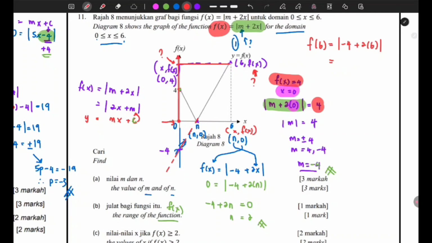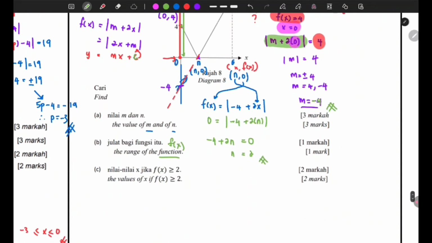So negative 4 plus 12, you get 8. Modulus 8 is just 8. That means this value here is 8. So the range of the fx is from 0 all the way to 8. So that's the range.